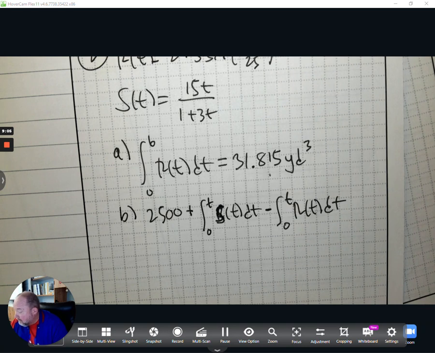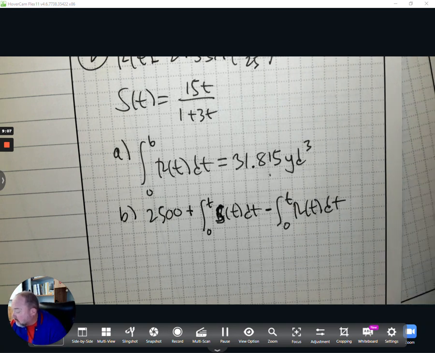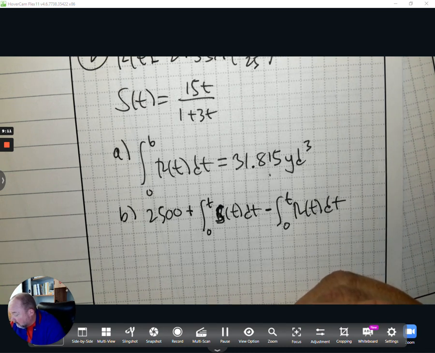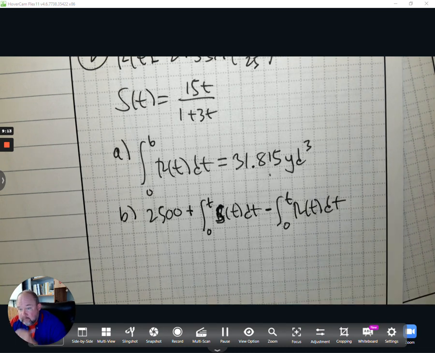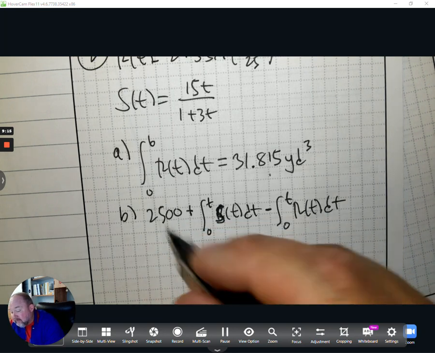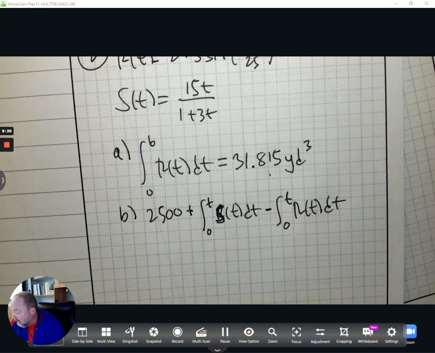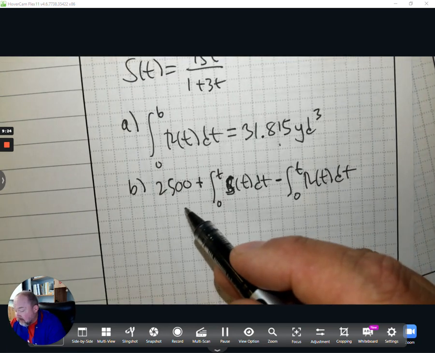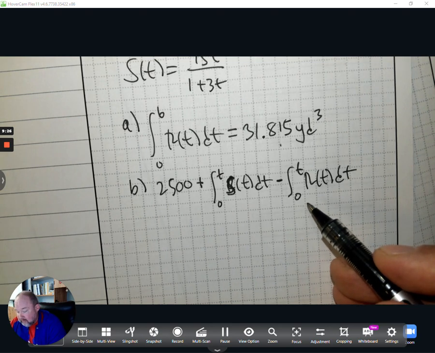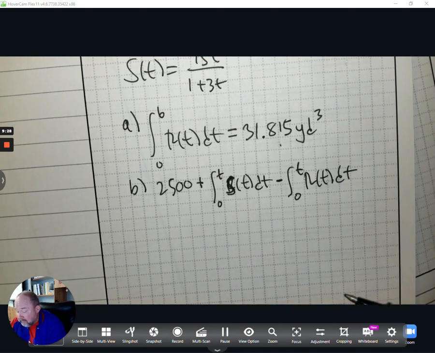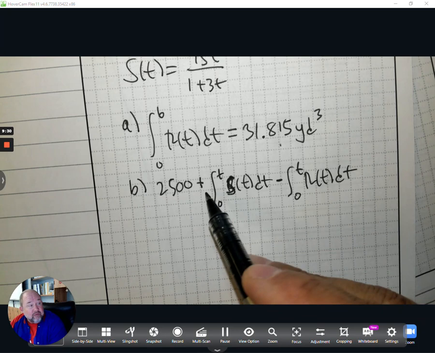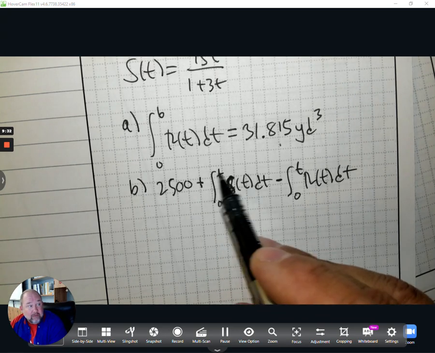Then, part C. Find the rate at which the total amount of sand on the beach is changing at t equals 4. For this, you actually have to take the derivative of this. Find the rate, right? How's the rate changing? Is it increasing or decreasing? What's the derivative of what you just did? What's the derivative of 2,500? 0. What's the derivative of the integration? They cross out, plug in, right?